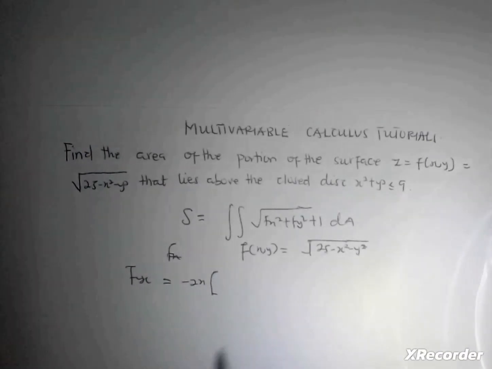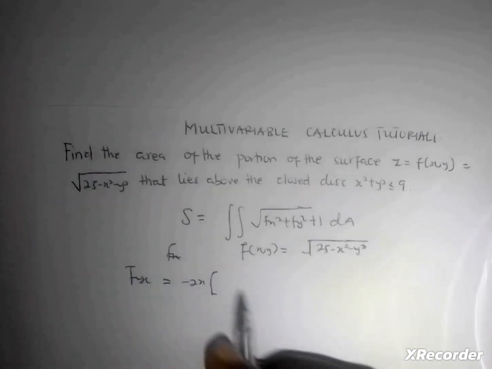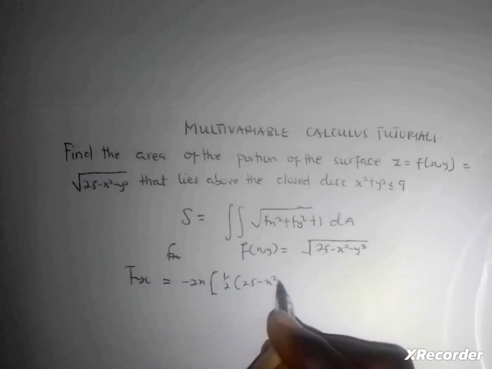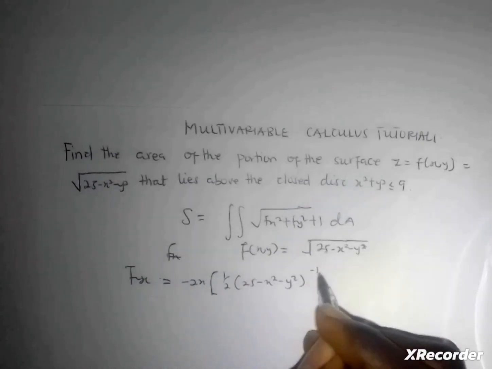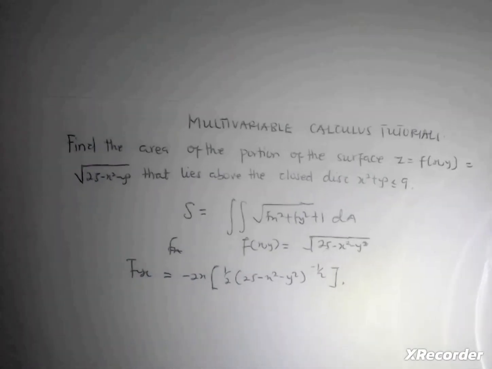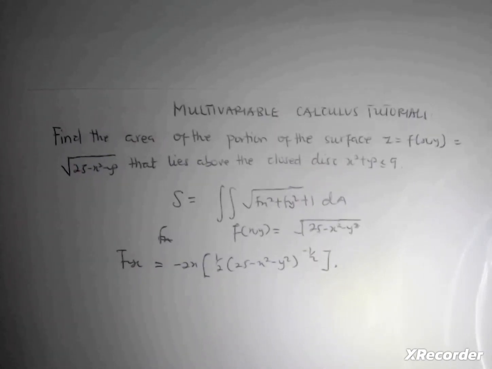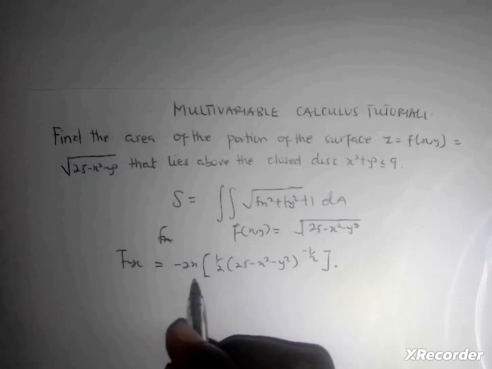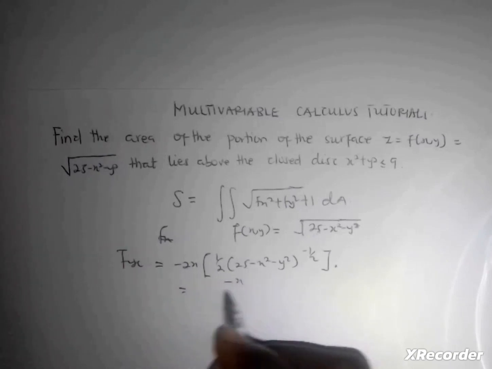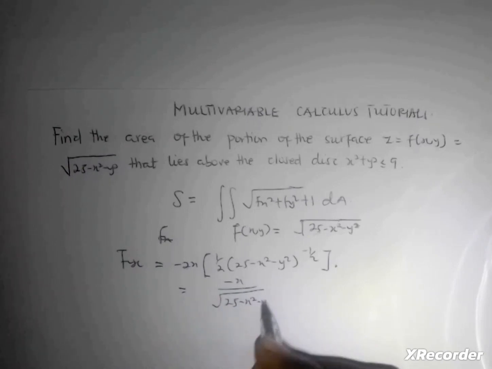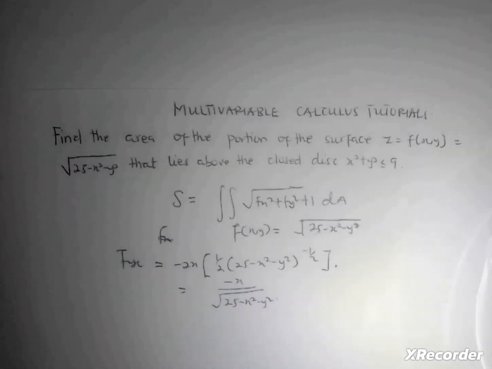Then considering the whole thing as a whole, I'll get 1 over 2, 25 minus x squared minus y squared all to the power negative half. This half will cancel 2, so that I'll get negative x over the square root of 25 minus x squared minus y squared. And this is my partial derivative with respect to x.